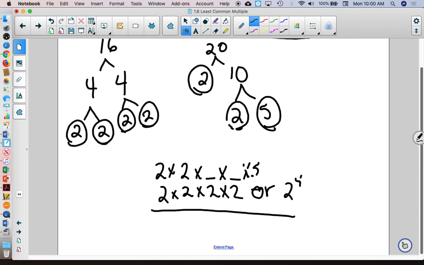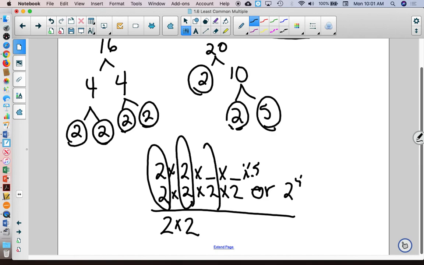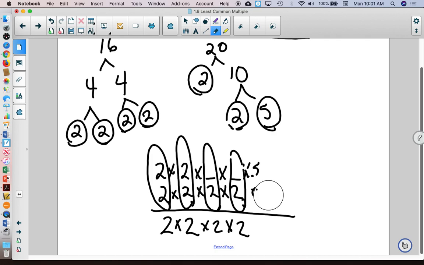This right here is a column of what? 2's. This right here is a column of 2. This one here is a column. What's in it? 2. There's only one of them, but it's still a column, and it's a 2 column, right? Next to that, I have another column of 2's.